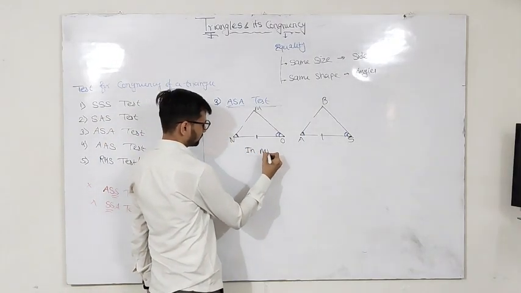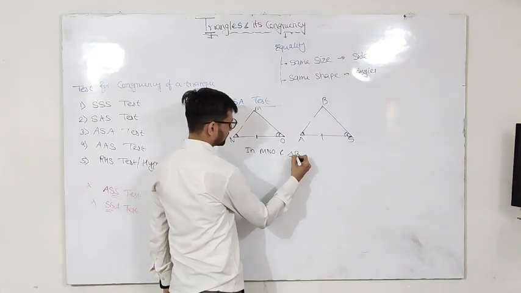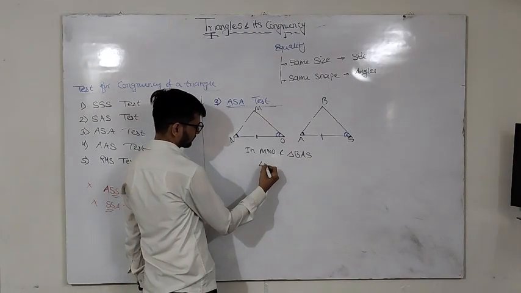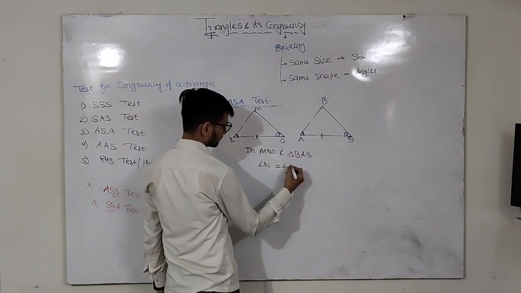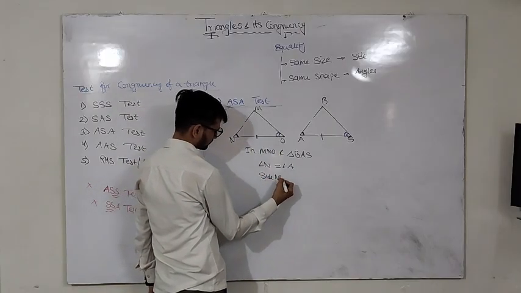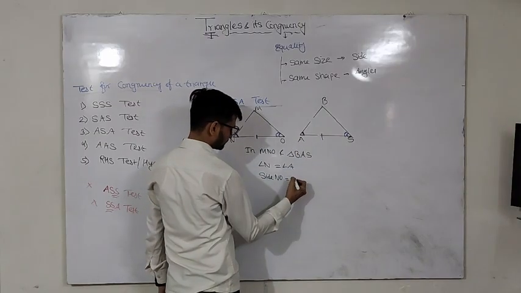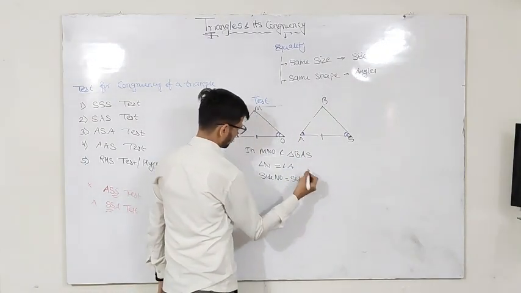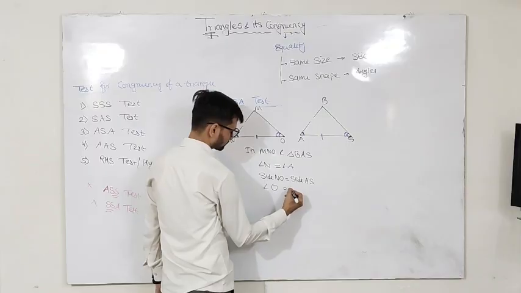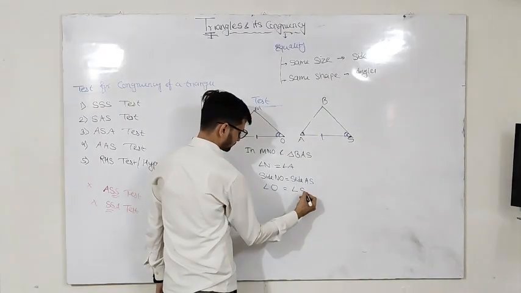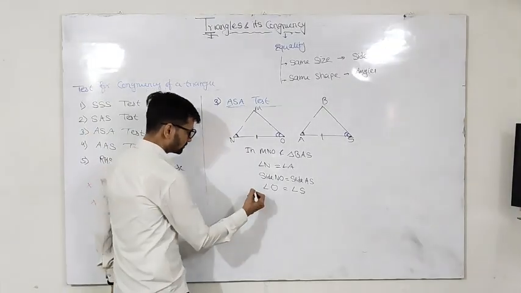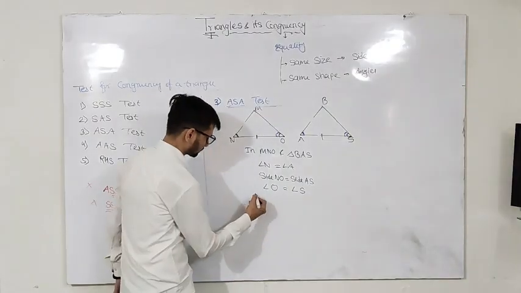In triangle MNO and triangle BAS, angle N is equal to angle A, side NO equal to side AS, and third one, angle O equals angle S. Since two angles and the side in between are equal, therefore these two triangles are congruent.